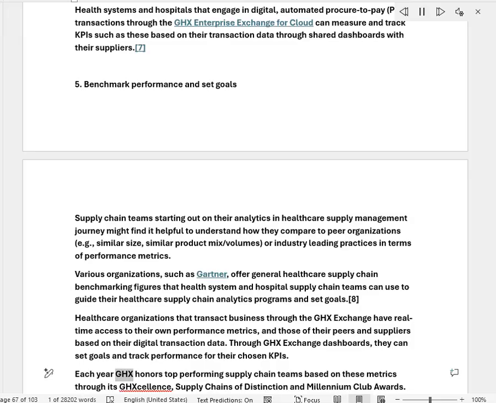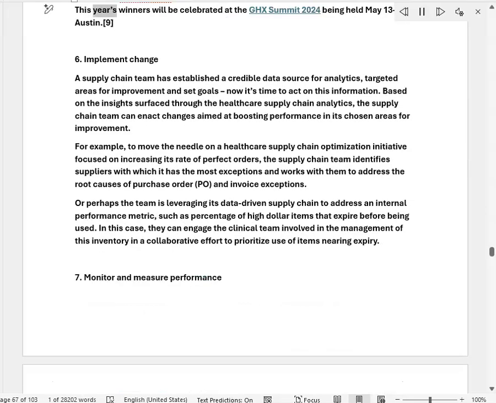Each year GHX honors top-performing supply chain teams based on these metrics through its GHXcellence, Supply Chains of Distinction and Millennium Club Awards. This year's winners will be celebrated at the GHX Summit 2024 being held May 13th to 16th in Austin.